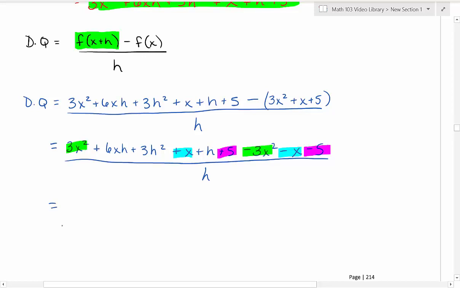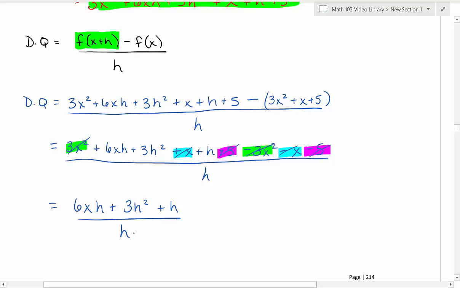And you'll also notice when you combine these like terms, each pair cancels out. So we're left with 6xh plus 3h squared plus h all divided by h.